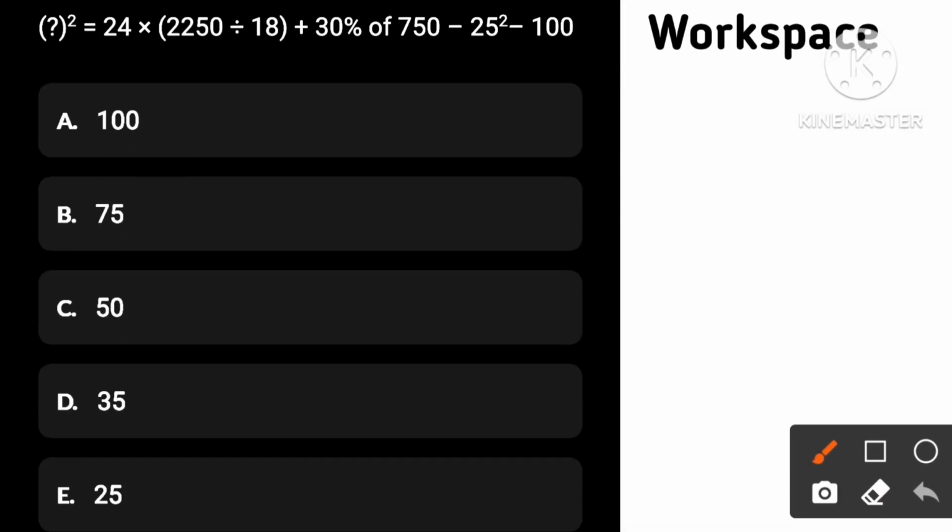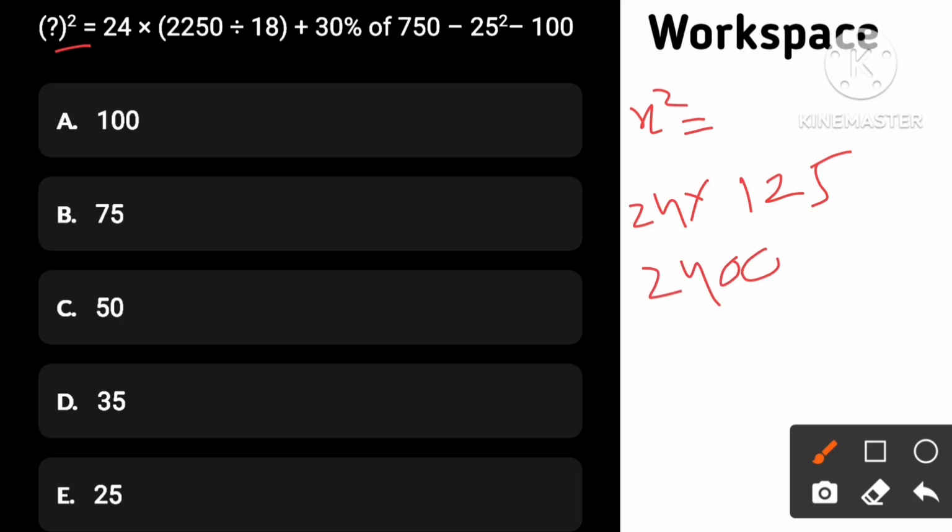Question number 6. Here we see question mark square equals to 24 into 18 1 times 18 and 45 means 2 times will be 36, 90 means 5 times. So 24 into 125 times. So what we have is 2400 plus 24 into 25 times, which will be 200. 625 is 25 times. So it will be 600. So totally we have 3000 here.